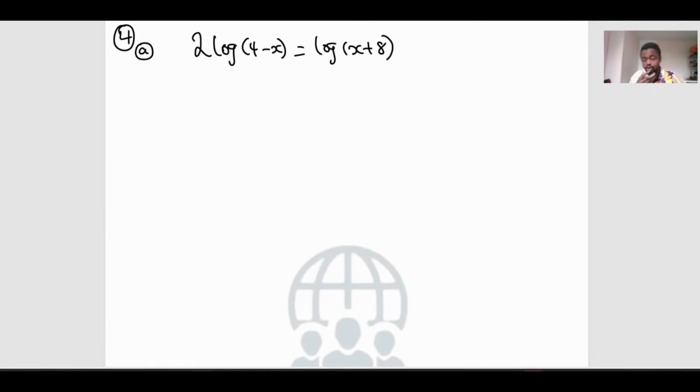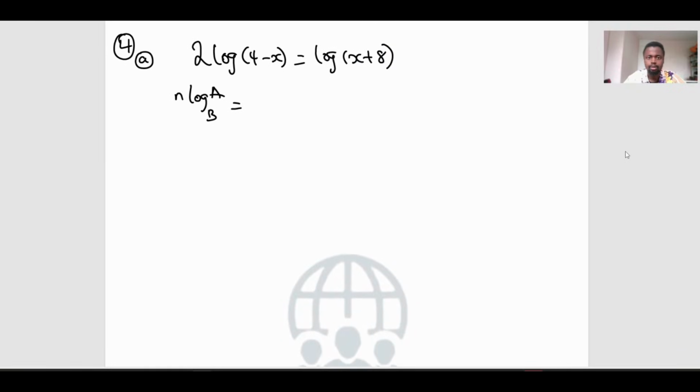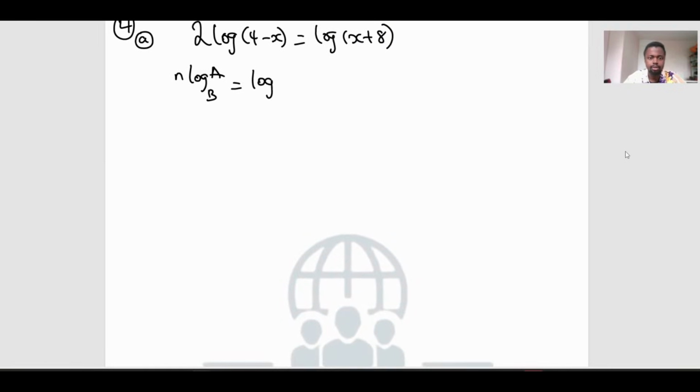First thing is to use laws of logarithm, which is whenever you have a power, it's the same as bring what you have behind, bring it forward, and it becomes power. We're going to do the same thing for this one. So it becomes log of 4 minus x raised to the power of 2 equals log of x plus 8.